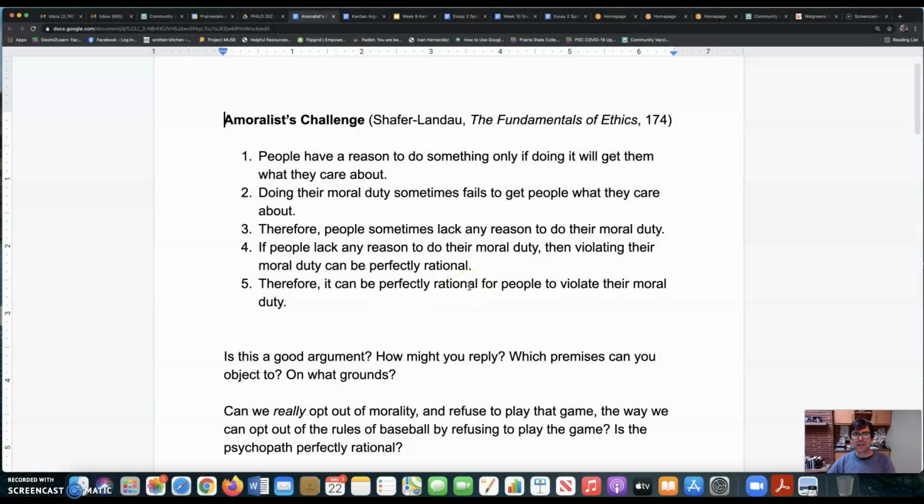So remember, this is the amoralist challenge. This is an argument that someone makes, call that person the amoralist. And the conclusion of that argument is supposed to be that it's perfectly rational for people to violate their moral duty. That's the number 5. There is the conclusion. It's a challenge because it suggests that we have no reason to act morally all the time.